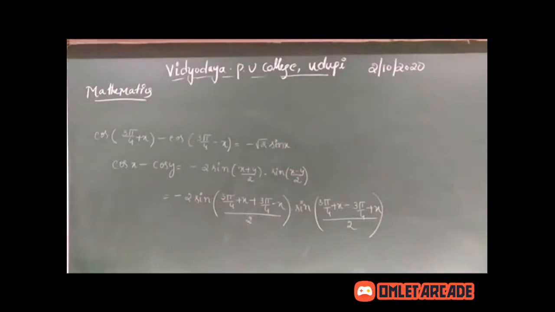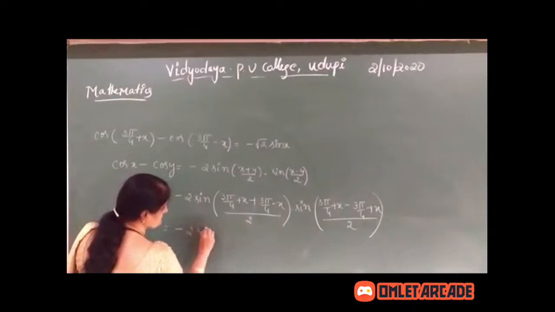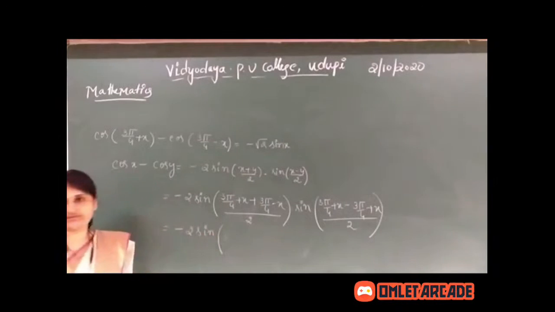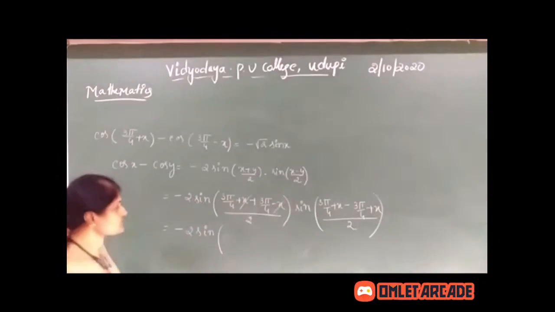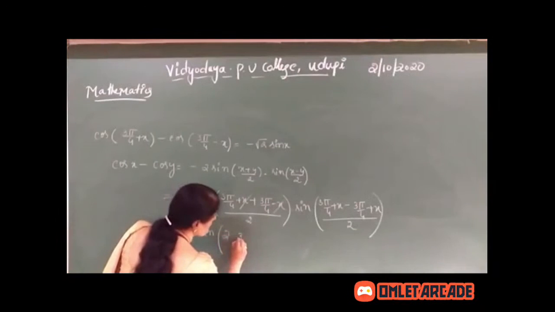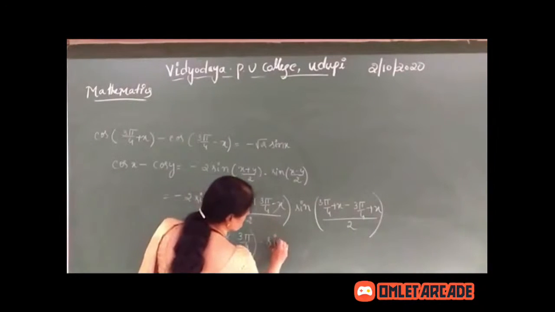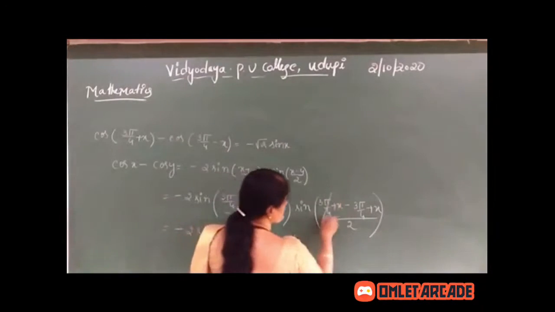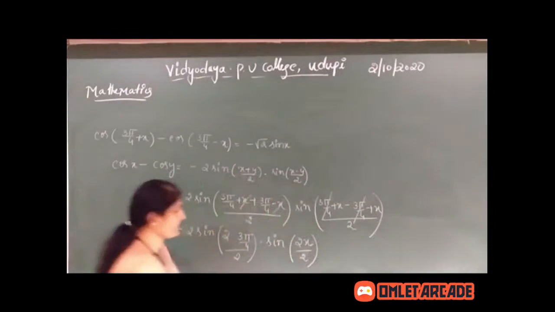Okay. Now simplify. This is minus 2 sin. Look at this. These two cancel. It is 2 times 3 pi by 4 and divided by 2, into sin of 2x divided by 2.